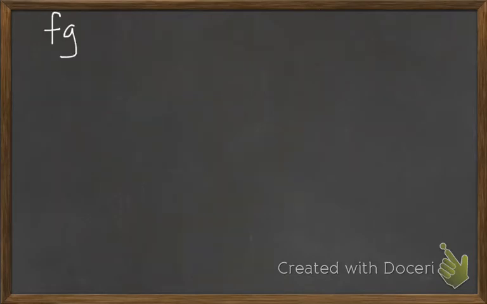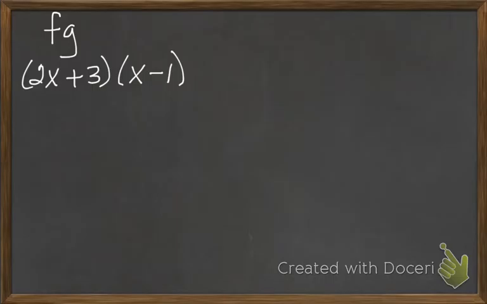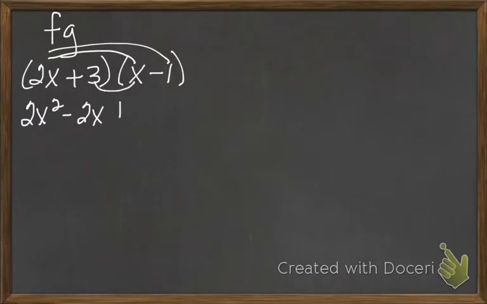And they actually have f and g just side by side. That means f times g. So we're going to multiply the two functions. So that's 2x plus 3 times x minus 1. Do we have any shortcuts like square, double square here? No, these are just two different binomials, so we'll just have to distribute it out. 2x times x is 2x squared. 2x times negative 1 is negative 2x. 3 times x is positive 3x. 3 times negative 1 is negative 3.